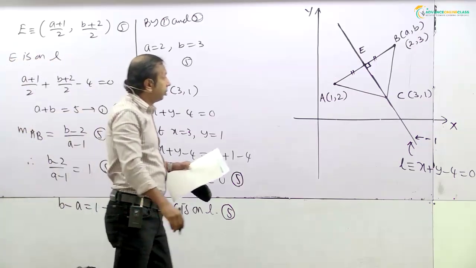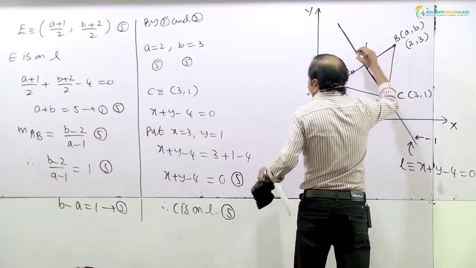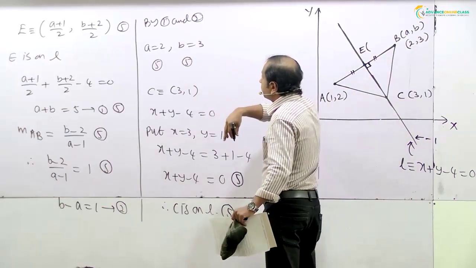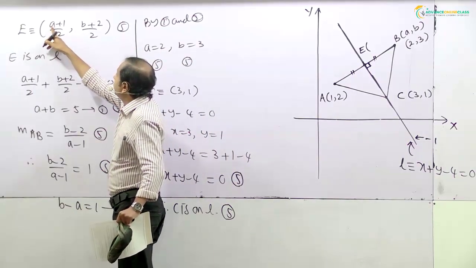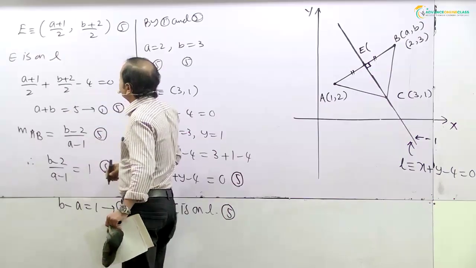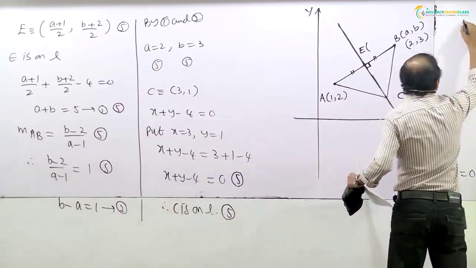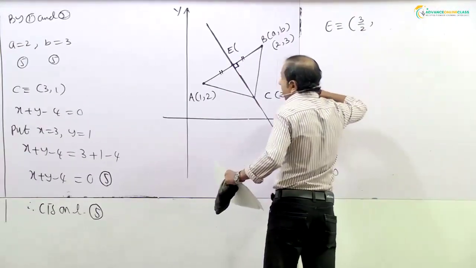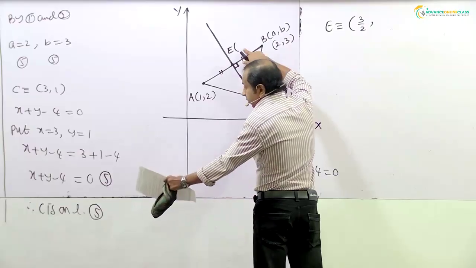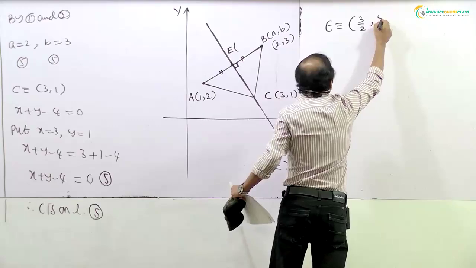Point E, I can write. Point E is A plus B by 2, no? A is 2, 2 plus 1, 3 by 2. B comes in 3, 5 by 2, no?